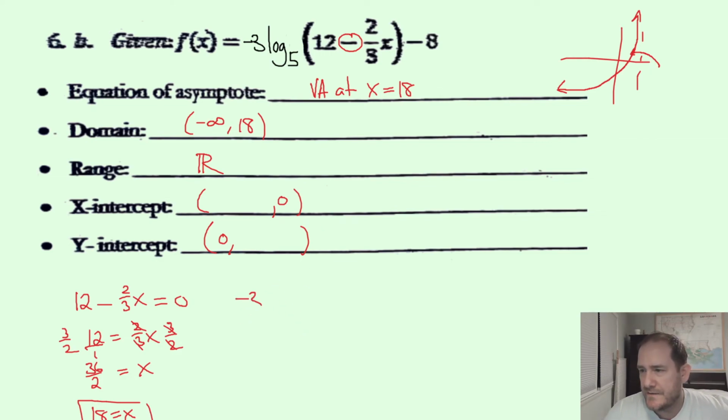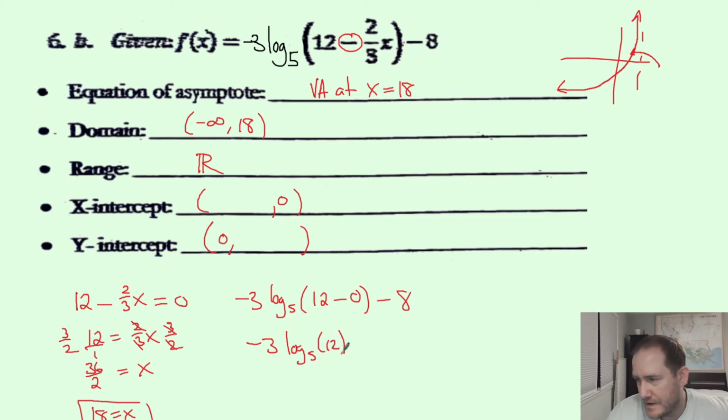So you'd have -3 log base 5 of 12 minus, if you plug in 0, obviously 0, minus 8. You just can't evaluate this. Even when it was ln, you couldn't. It's just literally going to be log base 5 of the 12. That's not evaluatable, because there's no clean power of 5 that gives 12.